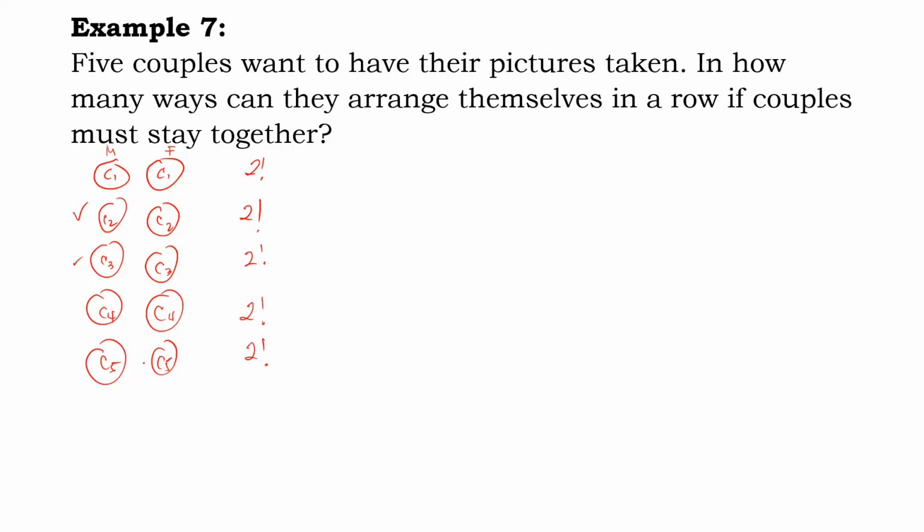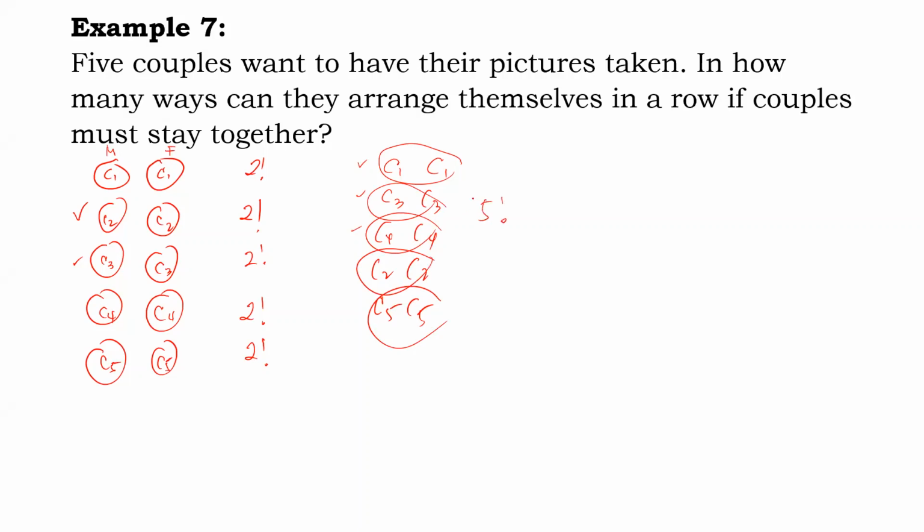Pwedeng i-rearrange yung mga couples. Pwedeng andito si C1, andito si C3, si C4, si C2, si couple 5. Pwedeng i-rearrange. Since 5 ito, pwede yan pagbaliktarin as long as magkakatabi ito. So that is 5 factorial. Kasi 5. 1, 2, 3, 4, 5.